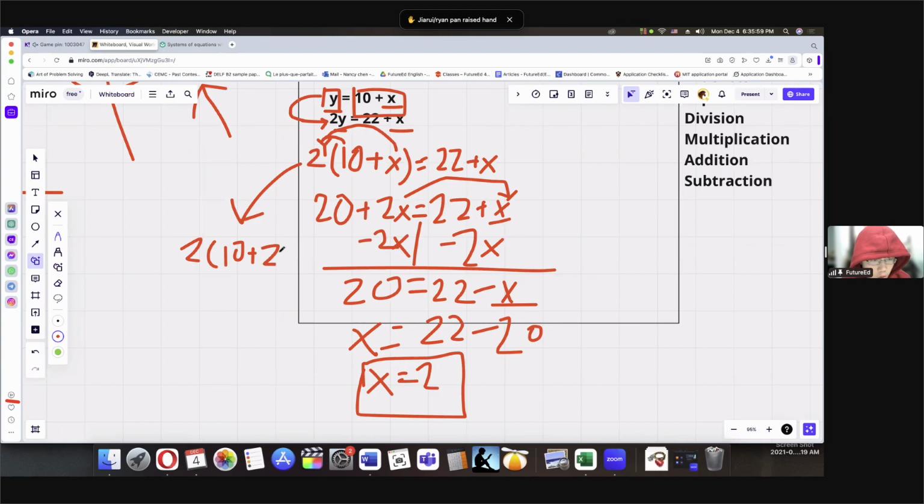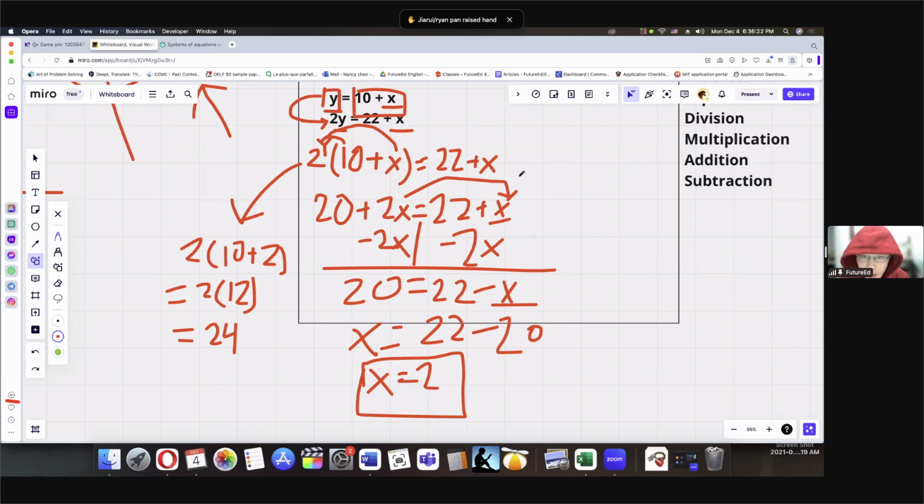So 2 times 10 plus 2. We do the things inside the brackets first. What's 10 plus 2? 10 plus 2 is 12. What's 2 times 12? 2 times 12 is 24. So we know the left-hand side is 24.